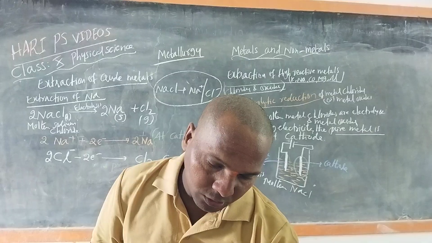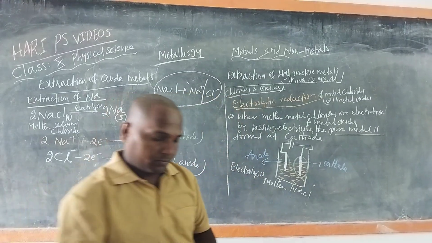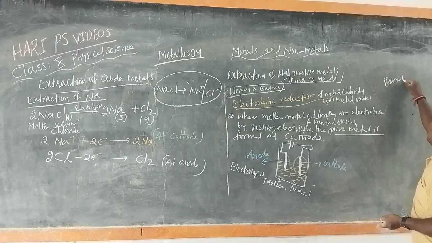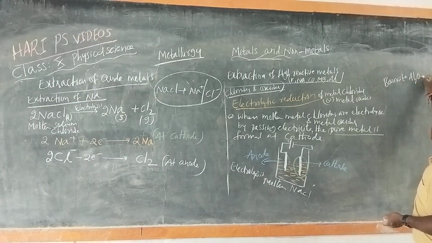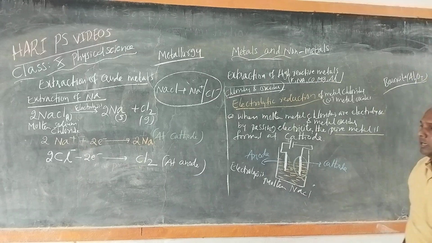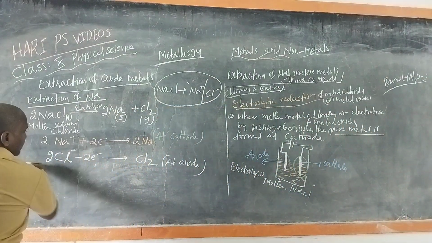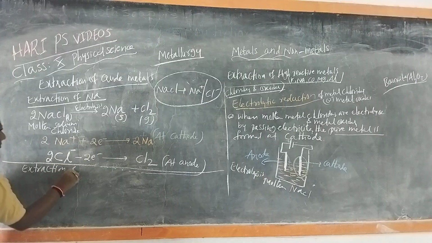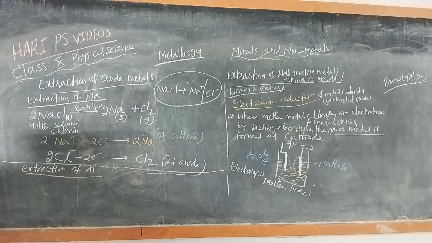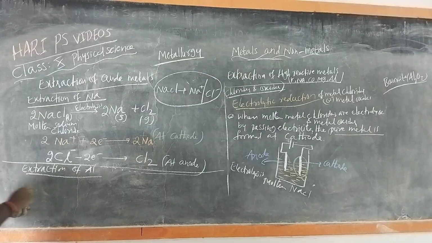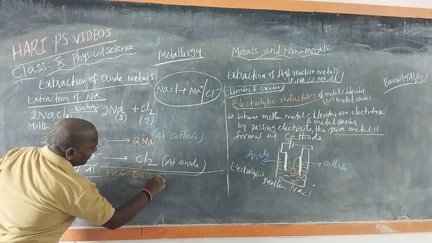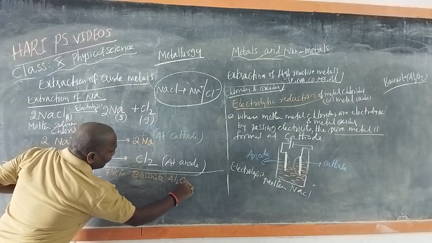Now, extraction of aluminium: aluminium is obtained from its ore, bauxite, which is Al2O3.